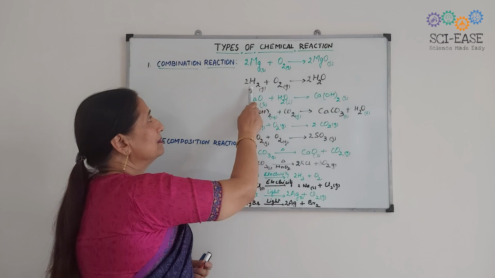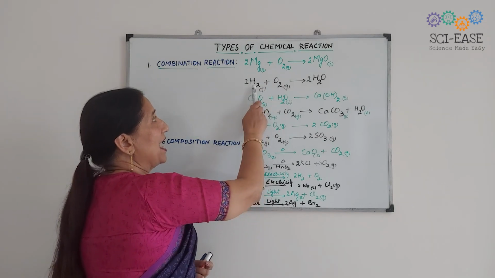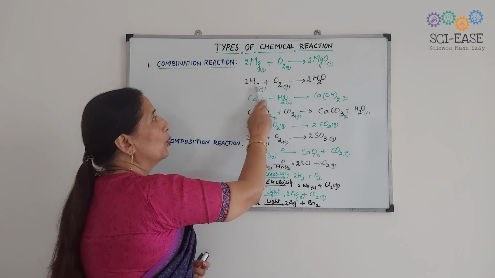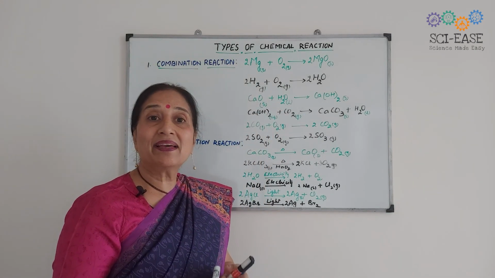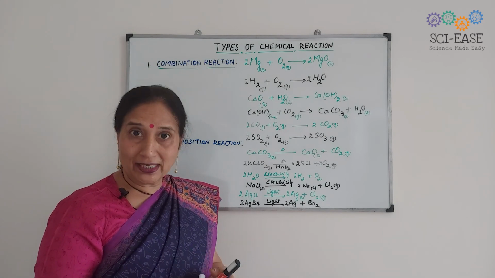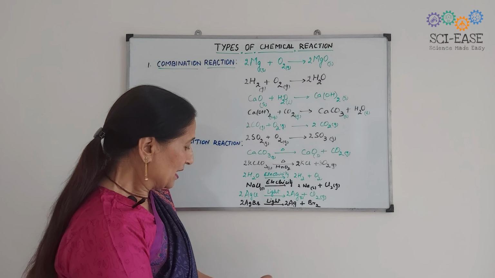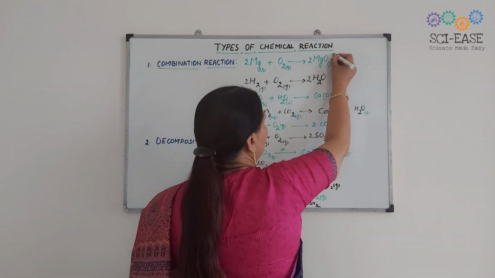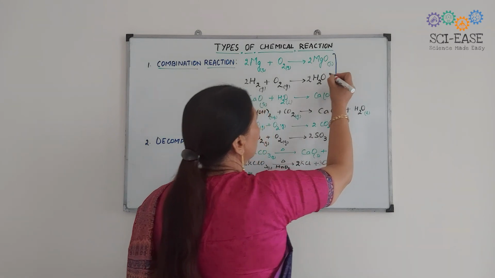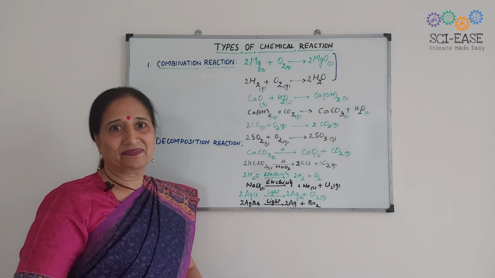Another example, hydrogen plus oxygen, H2 plus O2, both are elements. When they combine together, they result in the formation of water, which is a compound. So this is the one category of the combination reaction where the 2 elements combine.